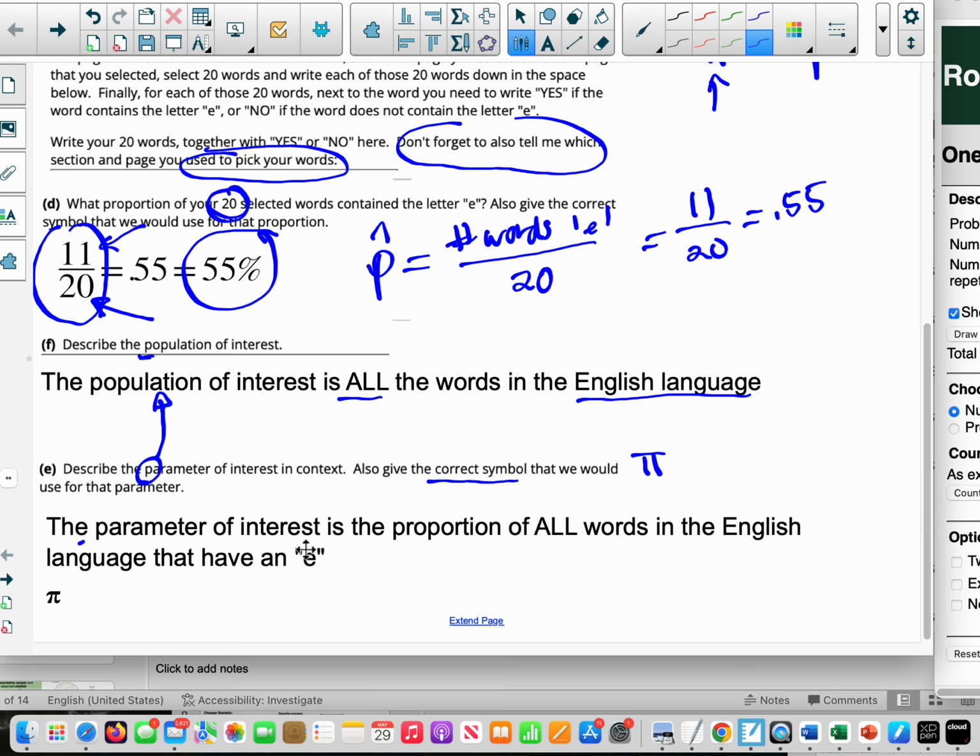The parameter of interest in this case is the proportion. If it was quantitative, I would say the mean or average, but I'm talking about proportions or percentages of all words in the English language that have a letter E, and that symbol is pi.